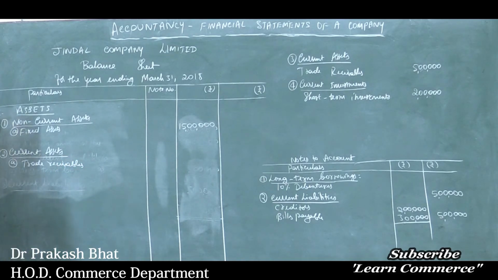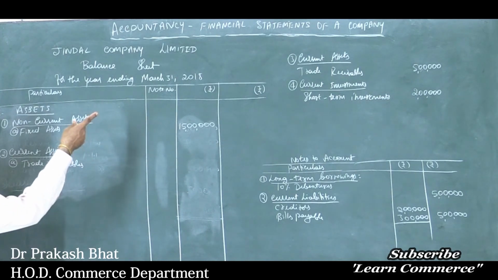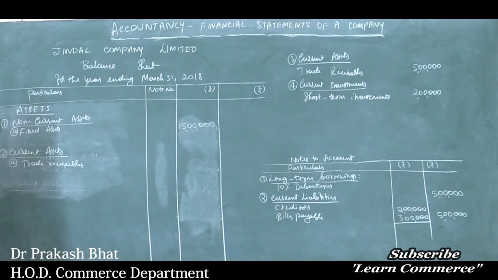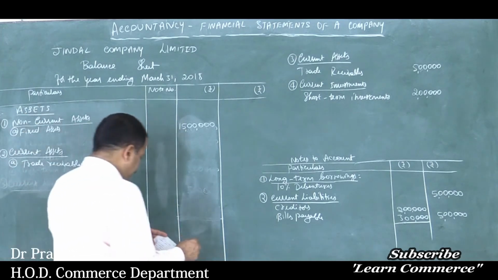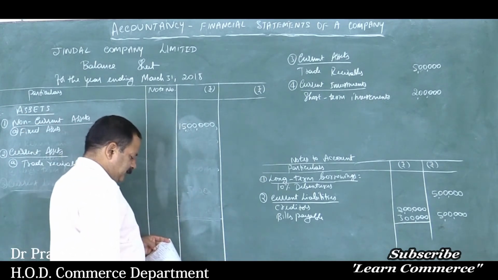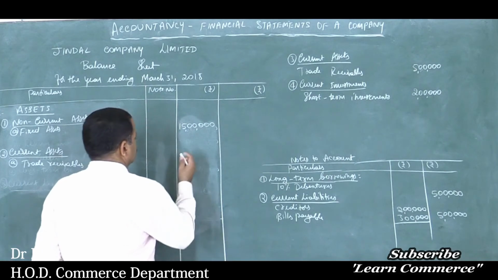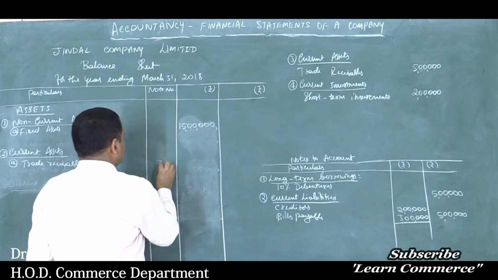Because these are different items you can show them separately. I didn't take all the items under current assets. We can take trade receivables, short-term investments, everything added together, but if we add, we cannot show it under different heads. So I am showing it individually here. Note number 3, 5 lakh.